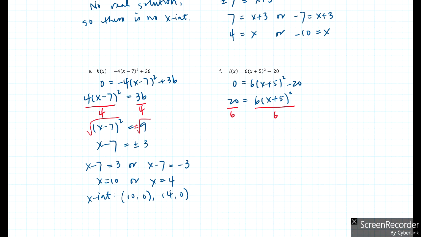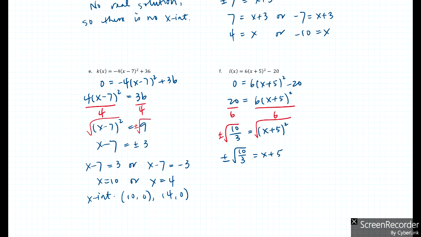So once we divide, we're going to get 20 over 6, which can be reduced to 10 over 3, and that's equal to x plus 5 squared. Now that we have a perfect square expression on the one side, we can take the square root. And that gives me plus or minus root 10 over 3 is equal to x plus 5.